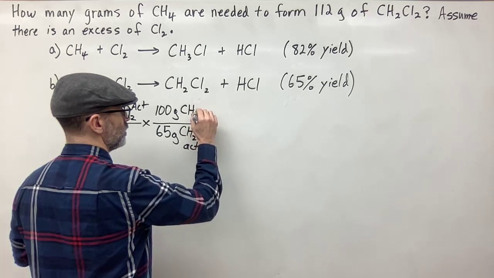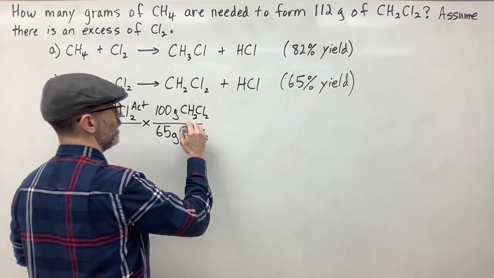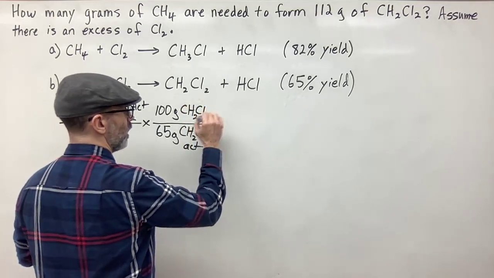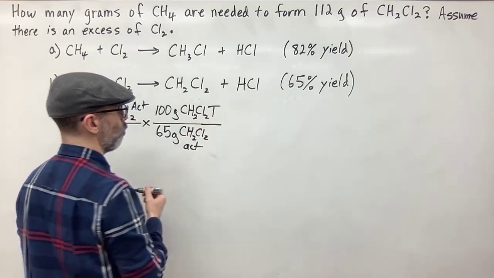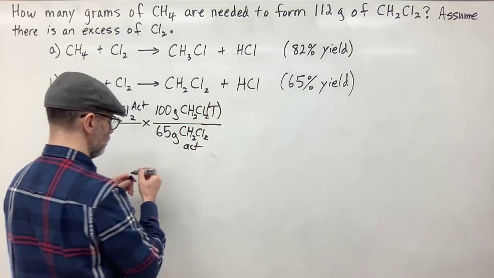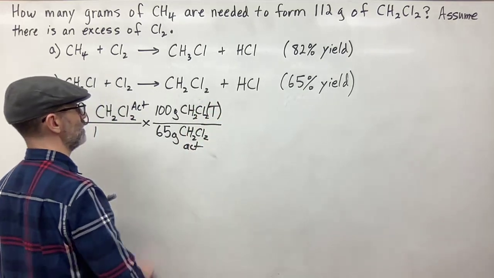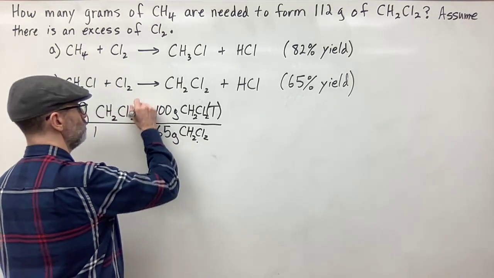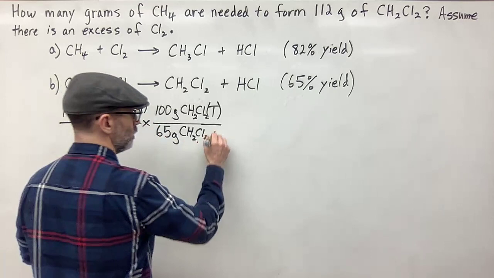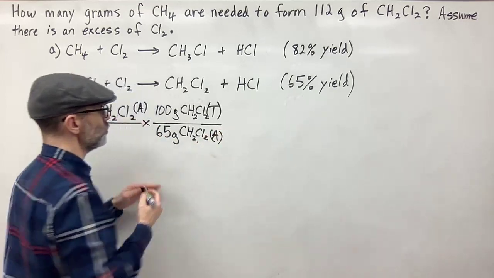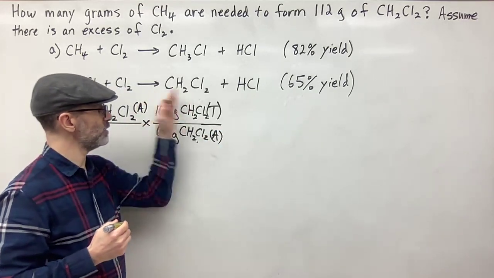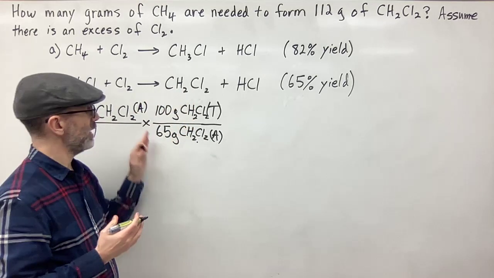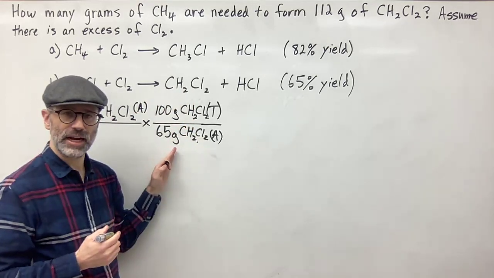So this would be CH2Cl2, and I'm going to put T for theoretical. That's a good way to do it. I'll do A and T, A for actual. So out of 100 grams that I should have theoretically gotten, I only get 65 grams.